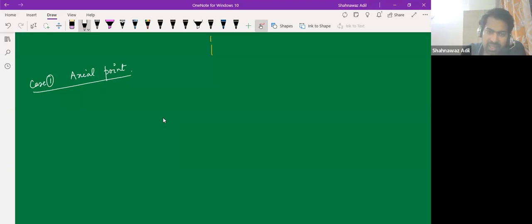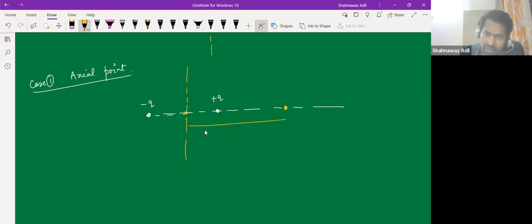Let's say we have the dipole, and this is the axial point, and we are calculating the electric field at, let's say, this point. From the center, this is r distance.